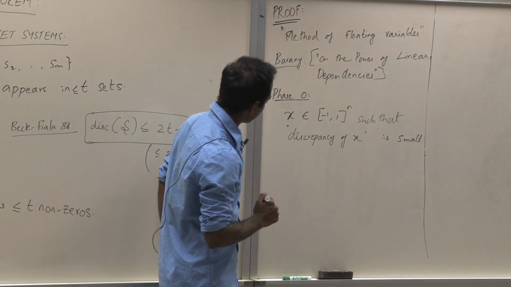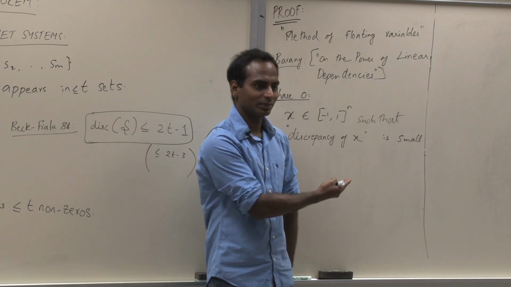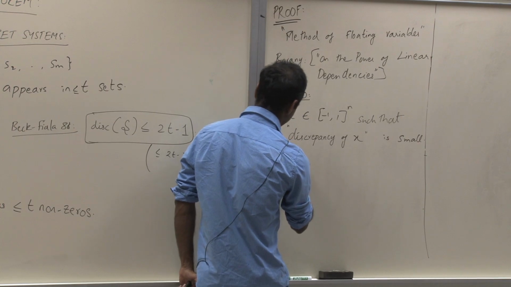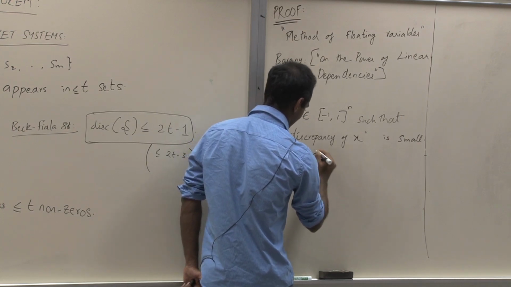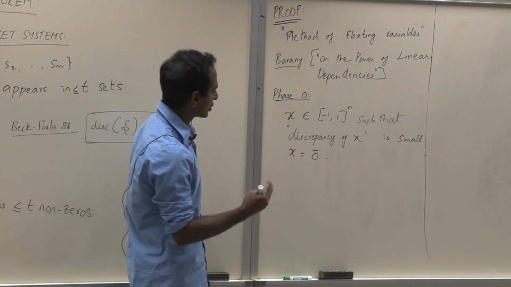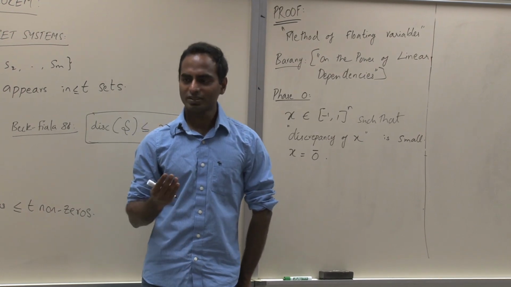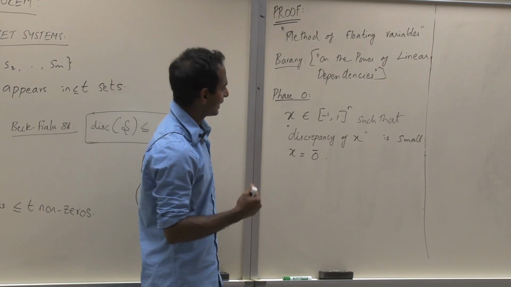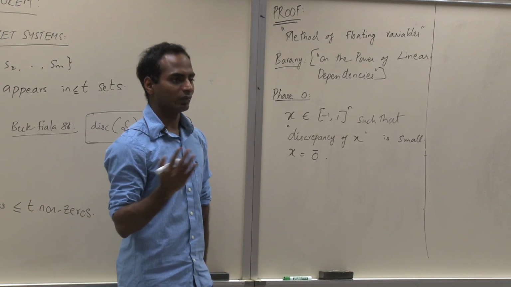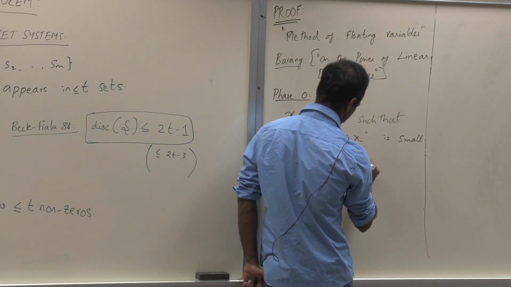Can you tell me one simple vector x which has very, very small discrepancy? Right. So phase 0 will start with x equals 0. This is our initial guess, and we're going to slowly change this vector to get 1, minus 1 entries. The way we'll do this is to set each coordinate to 1 or minus 1, and that's why it's called floating variables, because in some sense you have n floating variables here, x1, x2 up to xn.